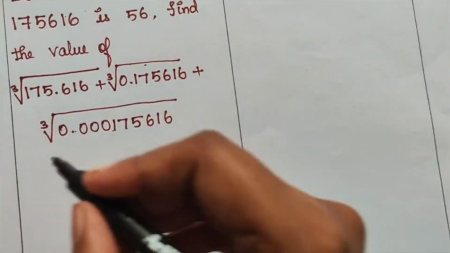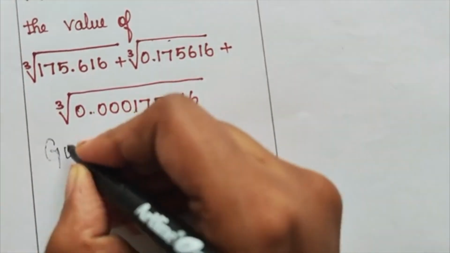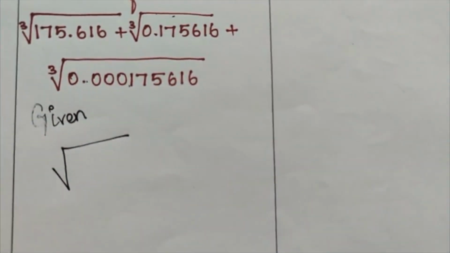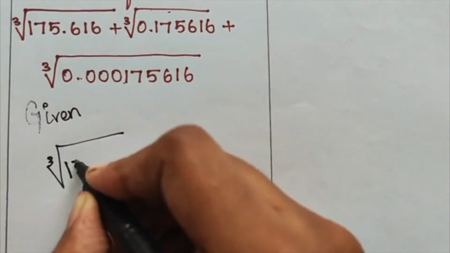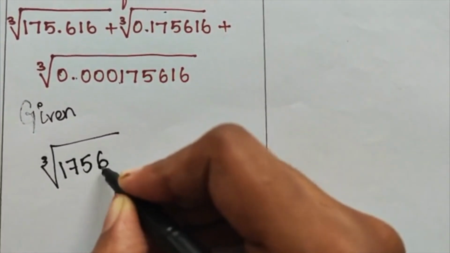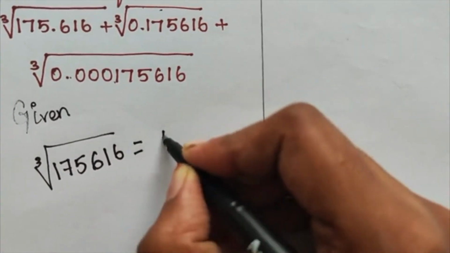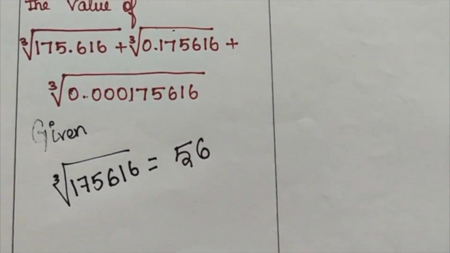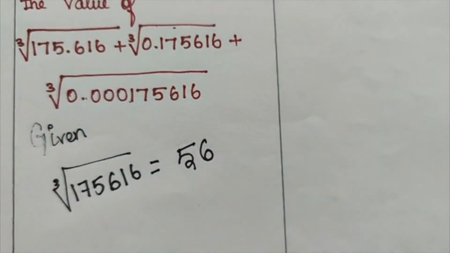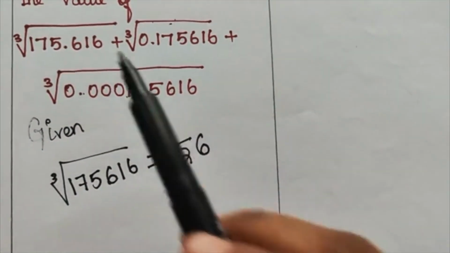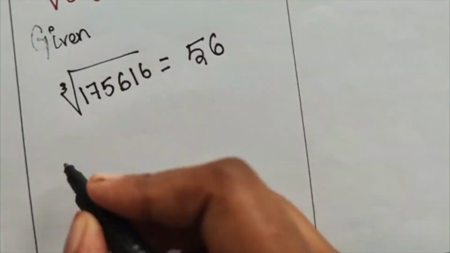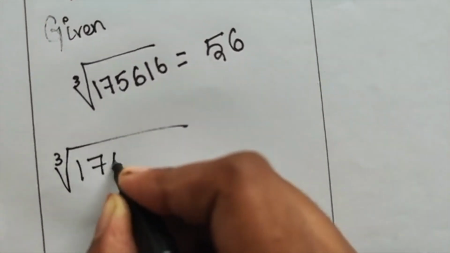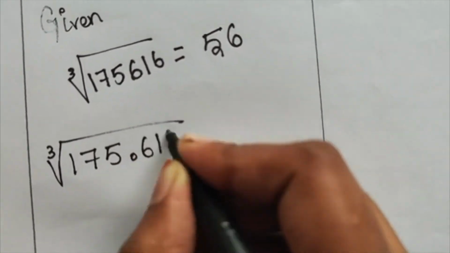Look here, in the question it is given that the cube root of 175,616 is equal to 56. In the question itself they have given the value of this one. So we can change it to fractions and we can substitute the value. Take the first one. What is the first one? The cube root of 175.616.